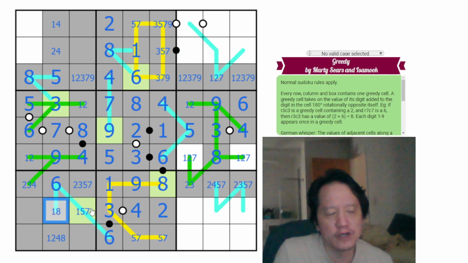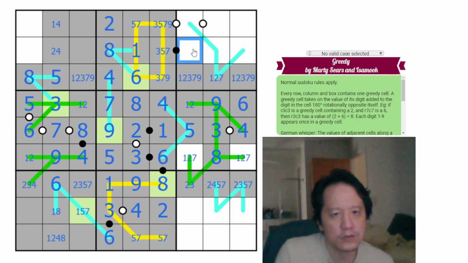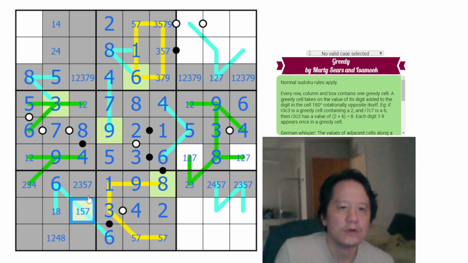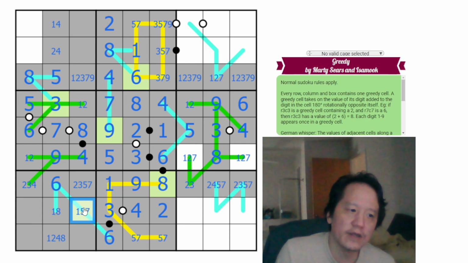Okay, say this was 8, and this would have to add up to 8. It would have to be 1 and 7, which doesn't work. So if this is 8, it can't be 4, we know. It could be 8, but that would be 1, 7, and that doesn't double anything.